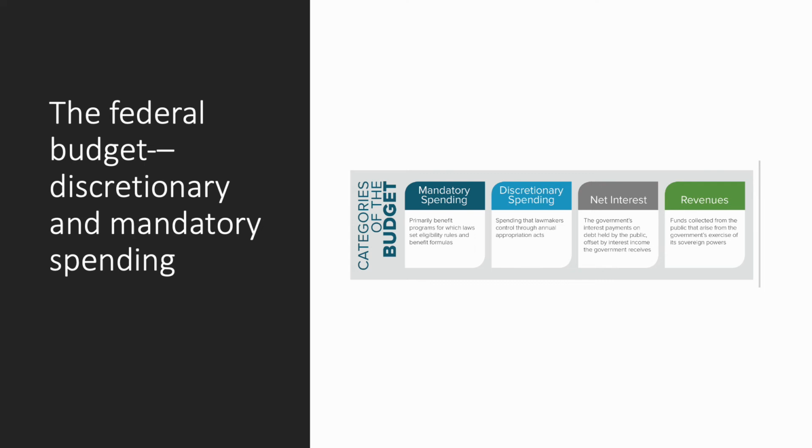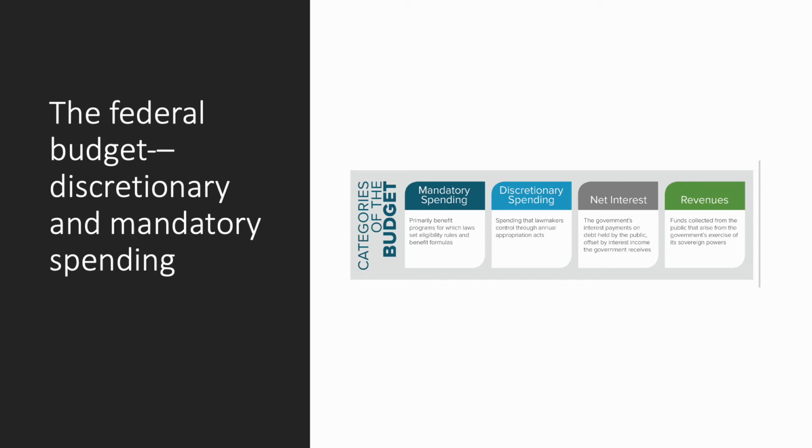It's mandatory spending. Then there's something called discretionary spending, which is things that we can either spend money on or not. Lawmakers control it. They can decide whether to spend money on certain things.